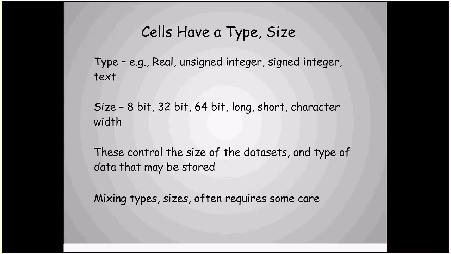So they control the size of the data sets and the type of data that may be stored. When you're setting up a new data set inside of a GIS system, you first have to choose the data model. Are you going to do raster or vector? Once you choose raster or vector, you need to decide how precise the numbers are that you're going to store that represent your coordinates.